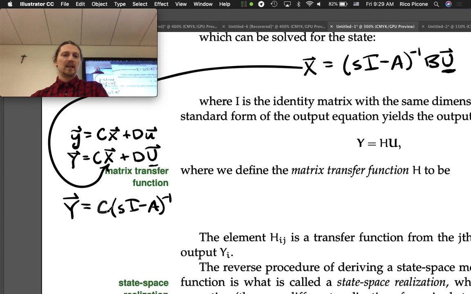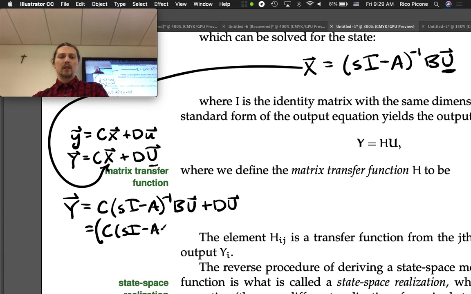So there was a C times X, which is now (SI minus A) inverse B U, plus D U. We can factor out U on the right-hand side, so C (SI minus A) inverse B plus D, and then the factored out U.